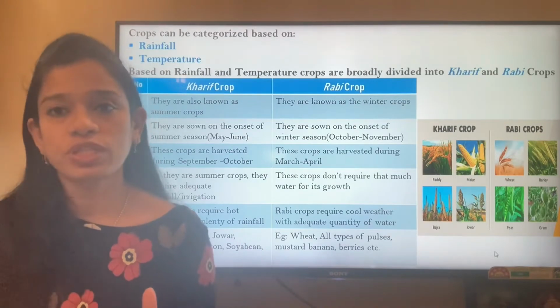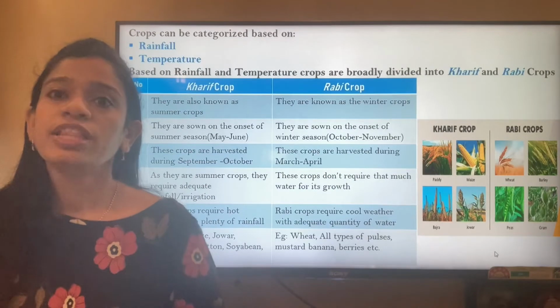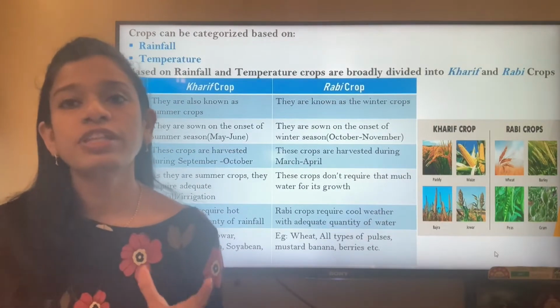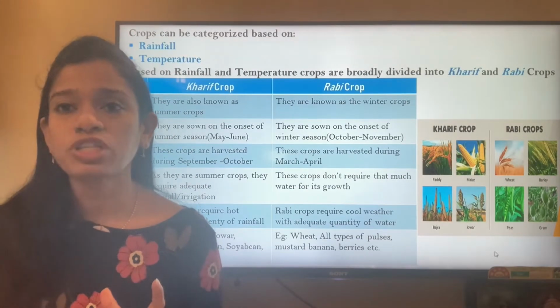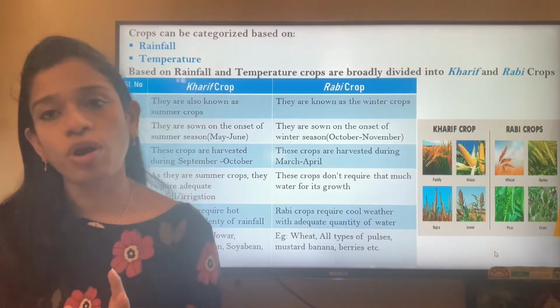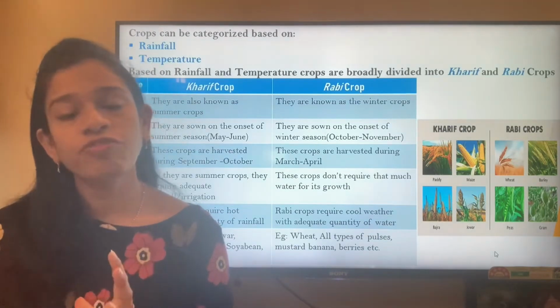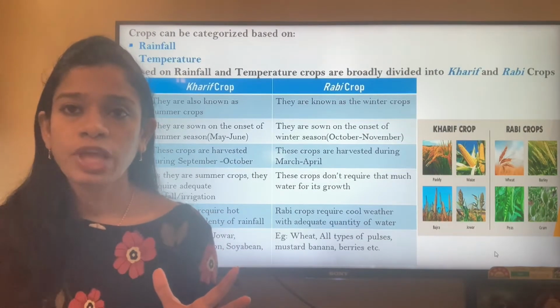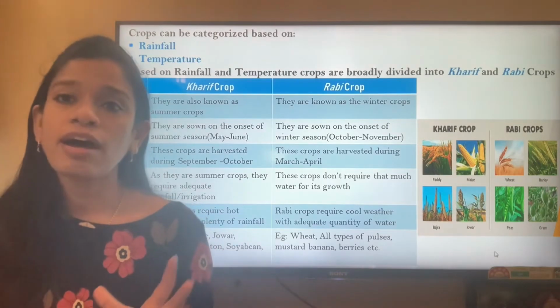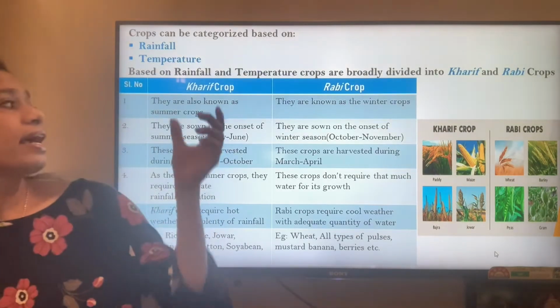So based on rainfall and temperature, the crops were divided into two types. These crops were named according to their love of rainfall and temperature. The crops which loved the summer months were known as Kharif crops.